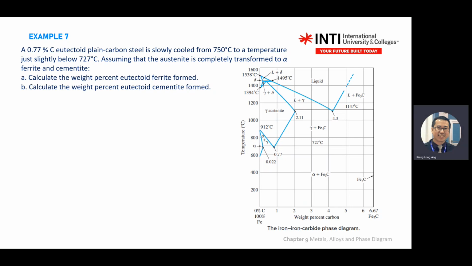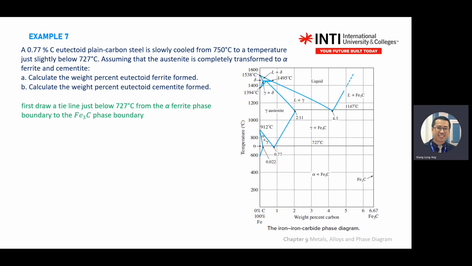Assume austenite is completely transformed to alpha ferrite and cementite. So you need to calculate the weight percent for ferrite and cementite.